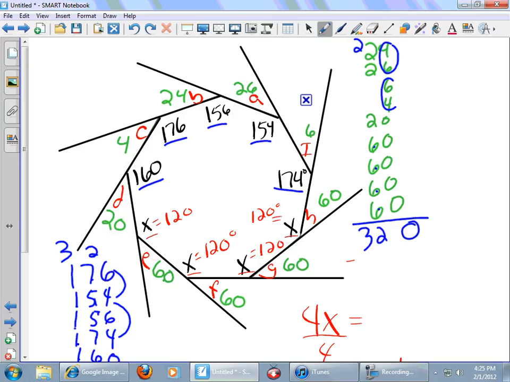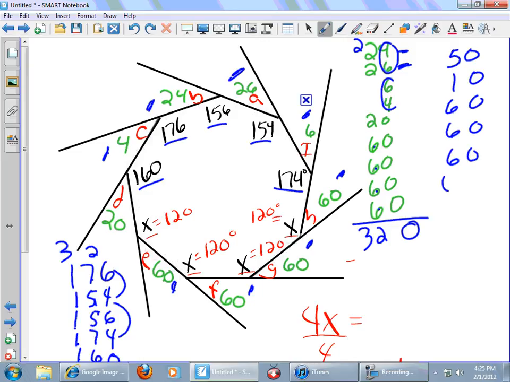So I'm going to go ahead and check. Okay, I've got 24 right there. I've got 26 right there. 24 and 26 is 50. Just checking my math here. I got a 6 and a 4. That's 10 more. Okay, I got a 60, right? I've got a 60. Okay, I've got another 60. I've got another 60.